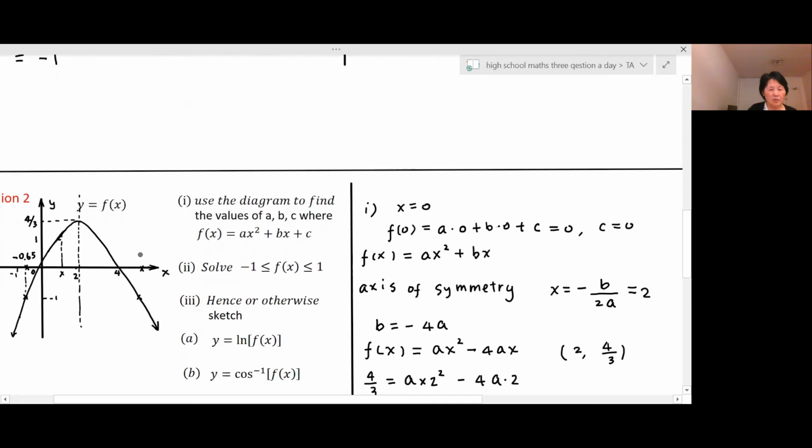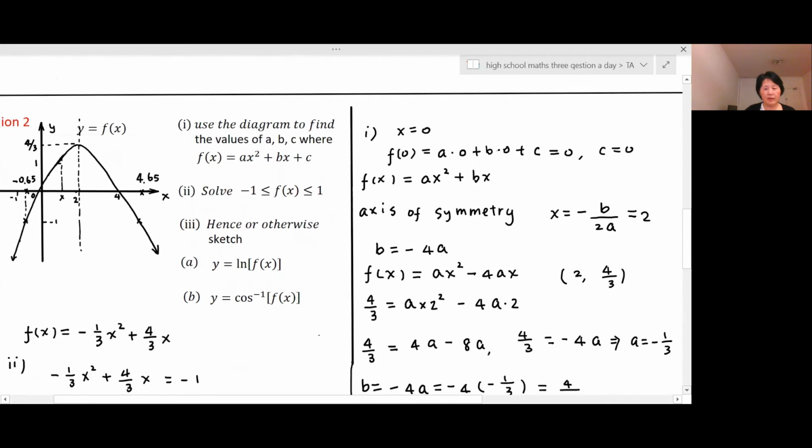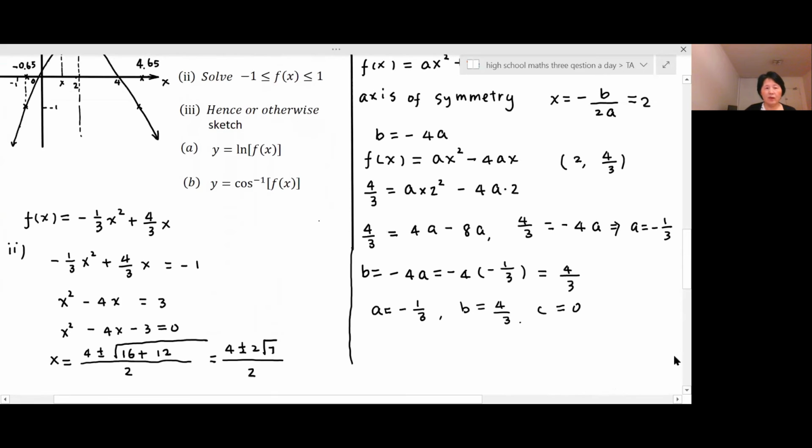Okay, this value will be 4.65. Okay, now I only did this part. I also have to do this part here.